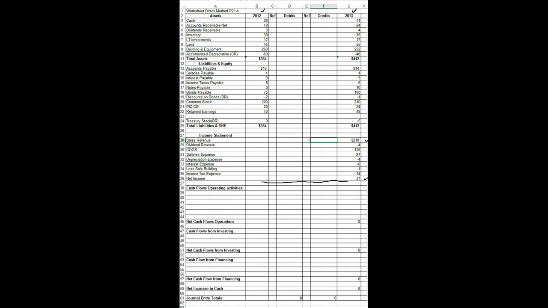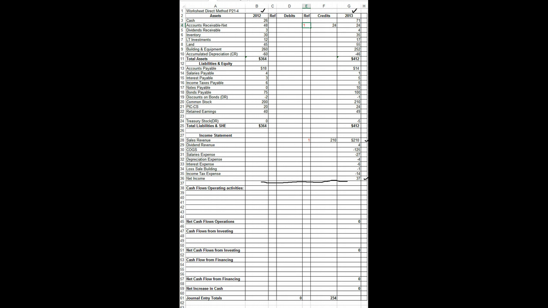Sales revenue has a credit balance, so I'll show that with a credit. Now you know from previous discussions that accounts receivable also changes with sales revenue. Notice ours went from a debit of 48 down to a debit of 24. Accounts receivable went down by 24. So I will go ahead and enter that in.